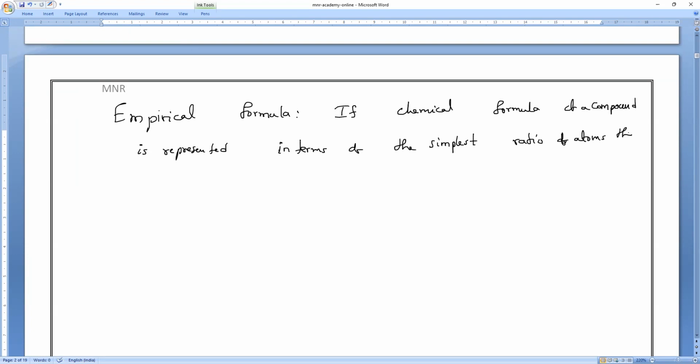Ratio of atoms. Then the formula is known as what formula? Empirical formula. Okay?